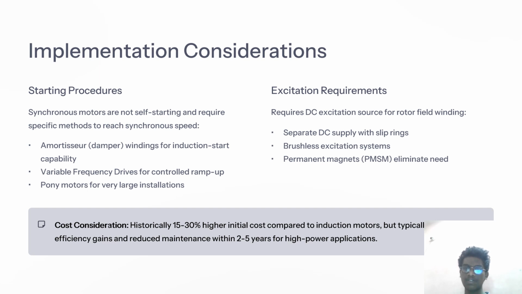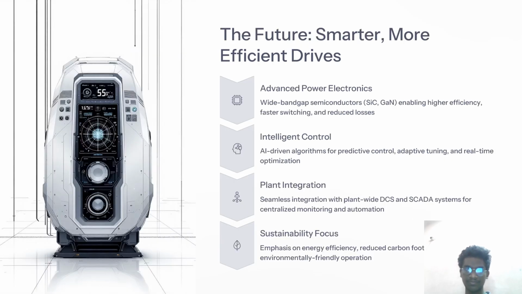Options include a separate DC supply with slip rings, brushless excitation system, and permanent magnets. Cost consideration: historically 50 to 30% higher initial cost compared to induction motors, offset by efficiency gains and reduced maintenance within 2 to 5 years for high power applications.